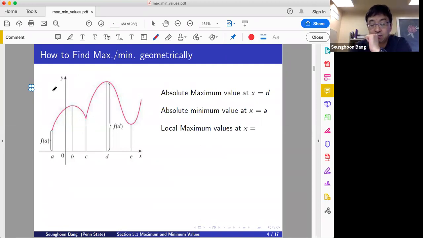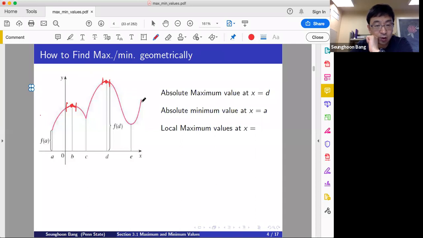The B and D, is that right? Yes, here you can cut locally. This one is the highest point locally. Locally we have B, and one more, D. The locally highest point is at D.